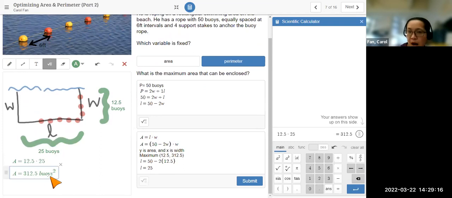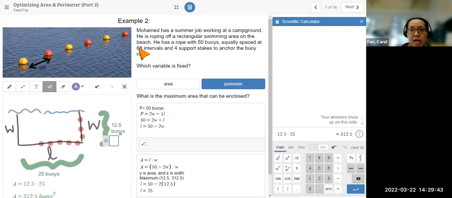Not highly useful when we are talking about it with other people because this unit is somewhat meaningless. So we should convert this back into feet. Okay, so let's convert this. 12.5 buoys, we know that each one is 6 feet.